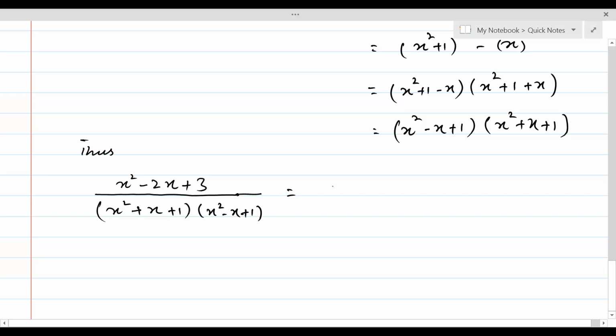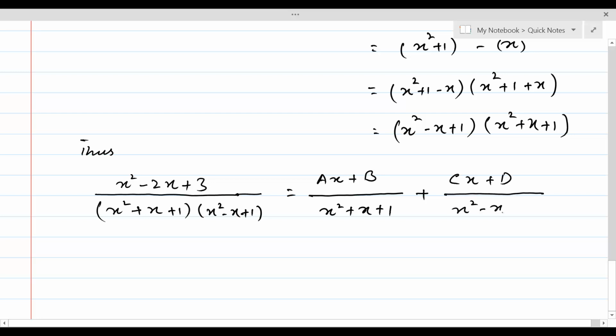We are going to introduce two constants for each one: ax plus b divided by x square plus x plus 1, and we add two more constants, cx plus d, for the second quadratic factor, which is x square minus x plus 1.